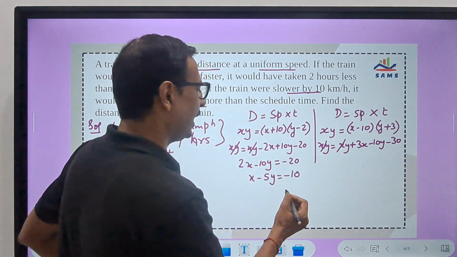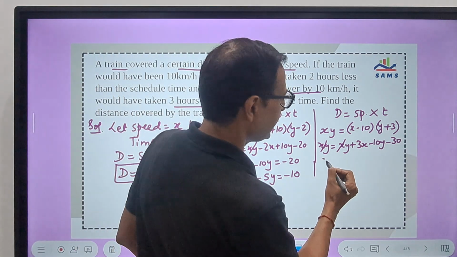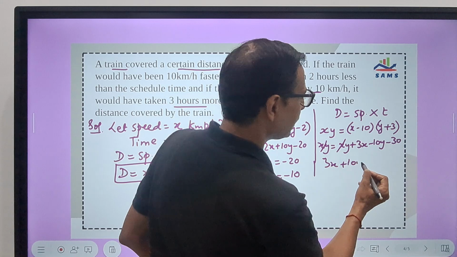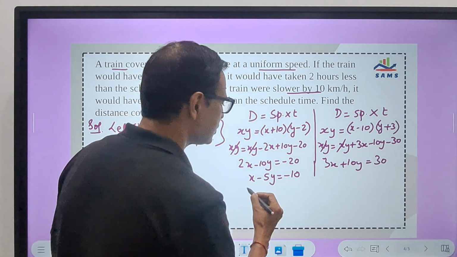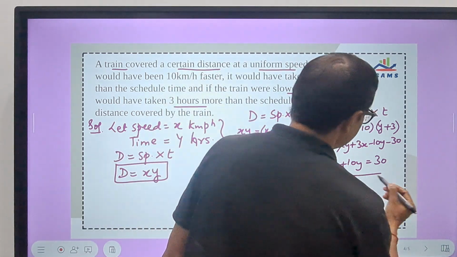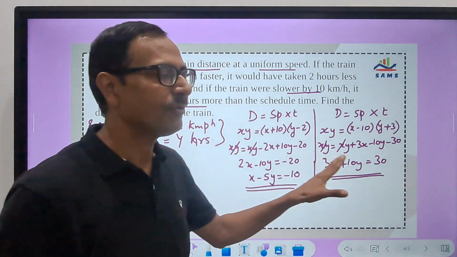What did I do? I removed the common factor 2. Likewise here, 3x plus 10y equal to 30. There is no common factor here. So I can solve these two equations now, the first equation and the second equation, and I will get the values of x and y from here.